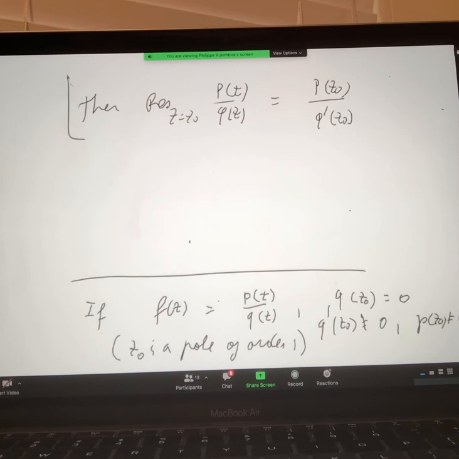That's very important. We'll prove that next week, but we're going to use it here because there's no other way we can handle it.